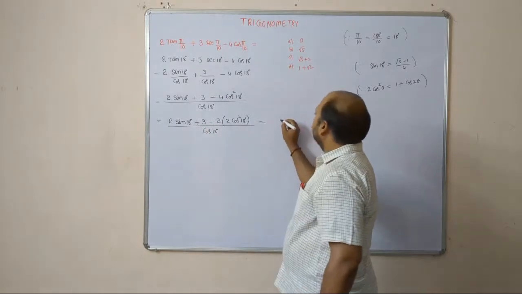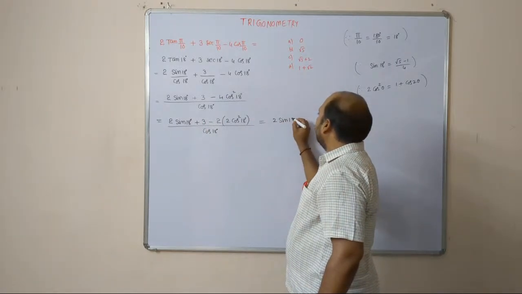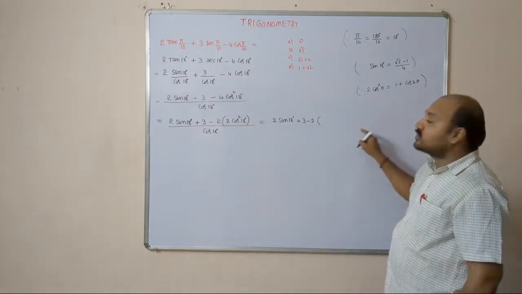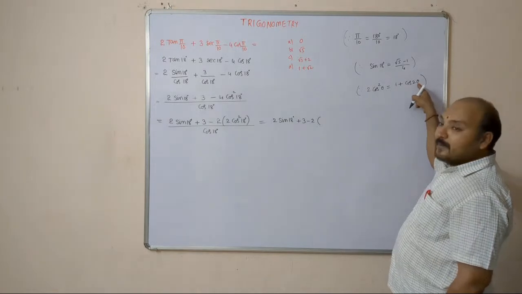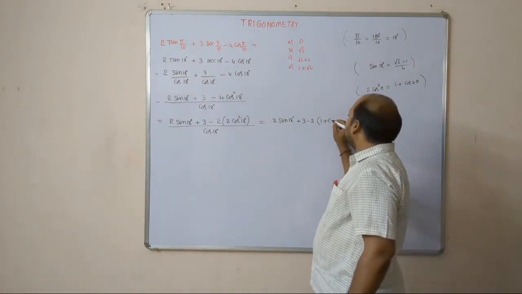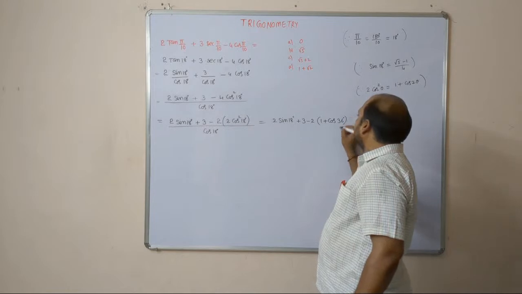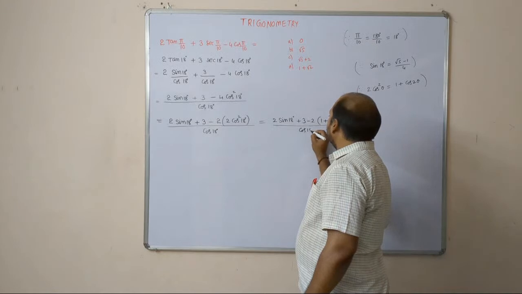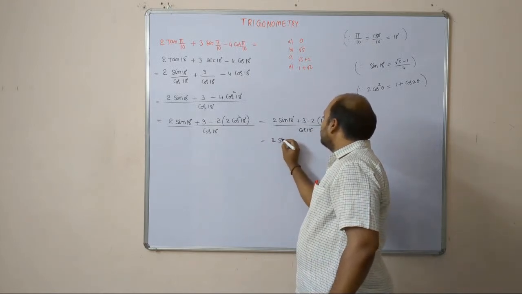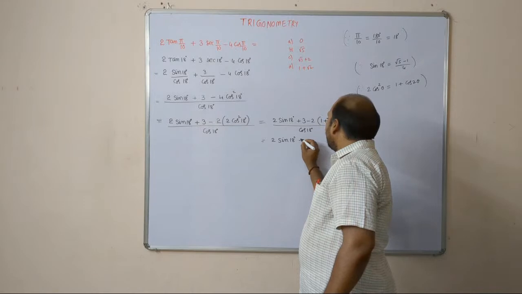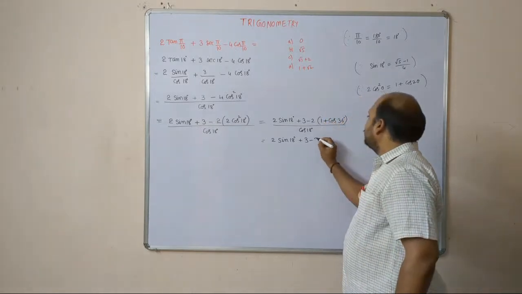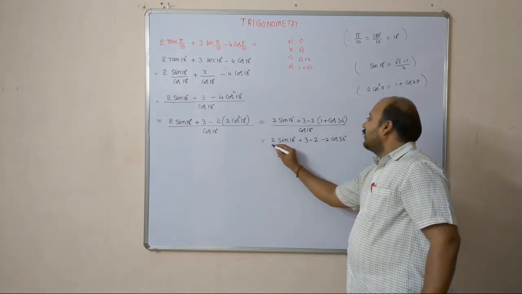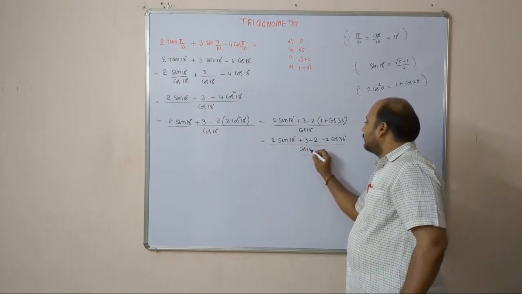Which is equal to 2 sine 18 degrees plus 3 minus 2 times, in place of 2 cos square 18, where theta is there, means here it is double now, so 1 plus cos 36 degrees, divided by cos 18 degrees. Now simplification: 2 sine 18 degrees plus 3 minus 2 times of 1, that is 2, minus 2 times of cos 36, divided by cos 18.